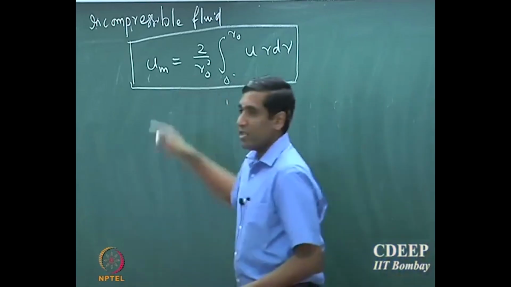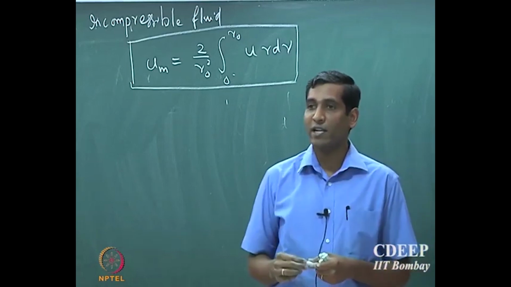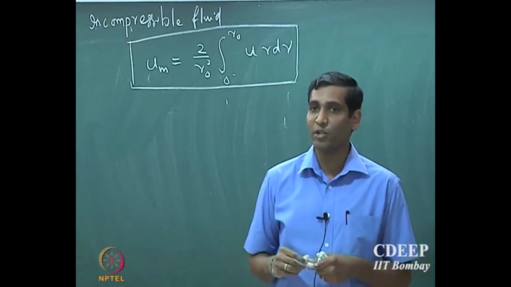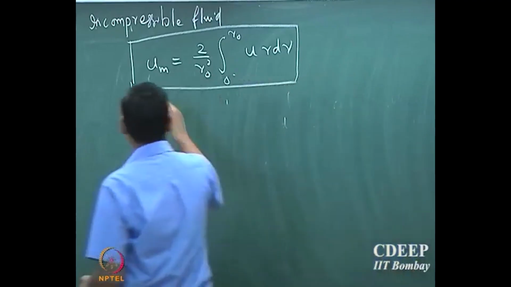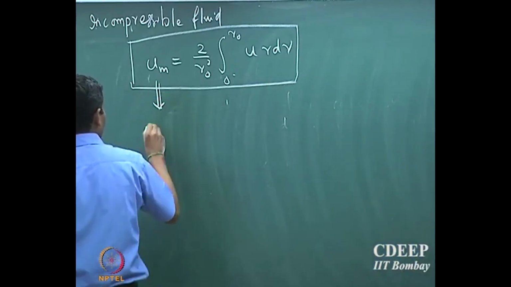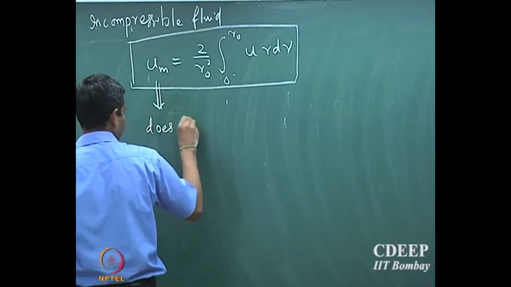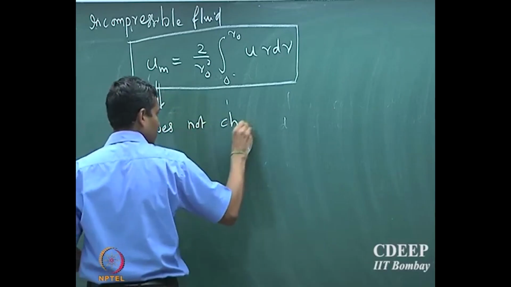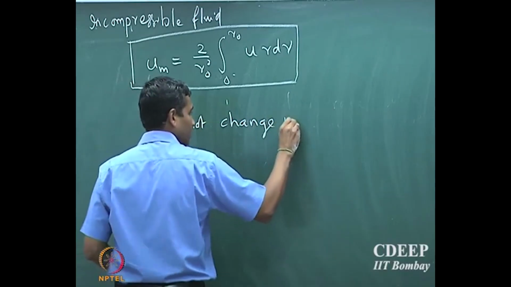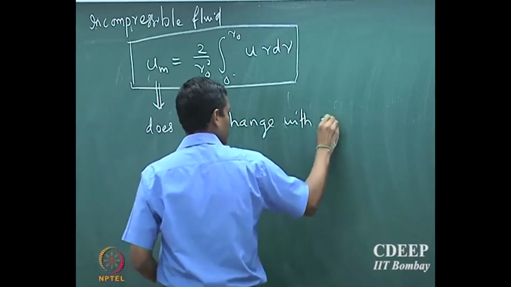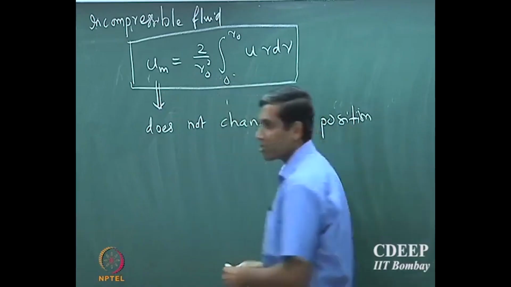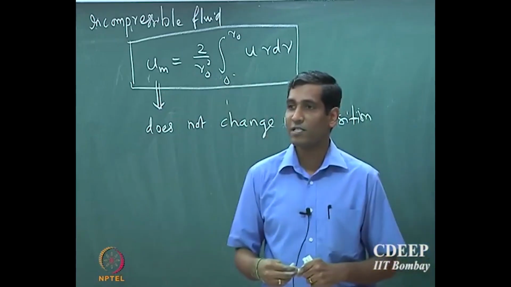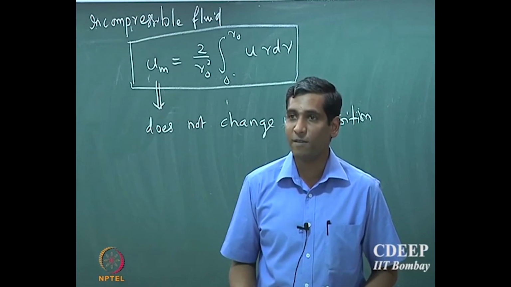So UM is a quantity which does not change with x position in the fully developed regime, and so it's a good reference velocity.